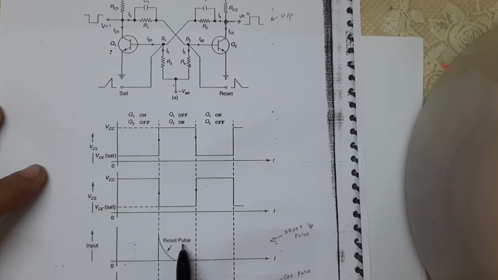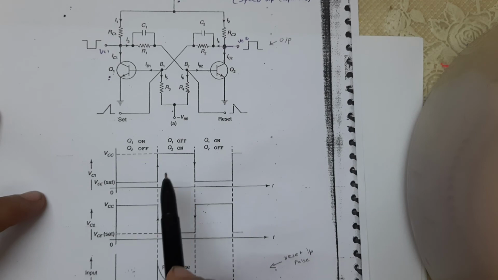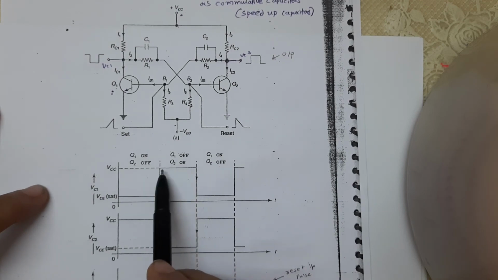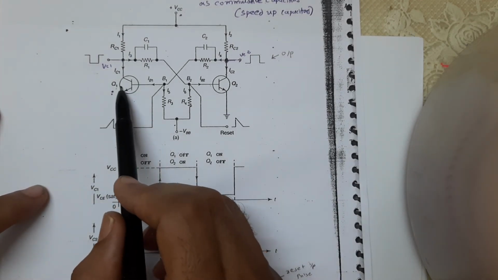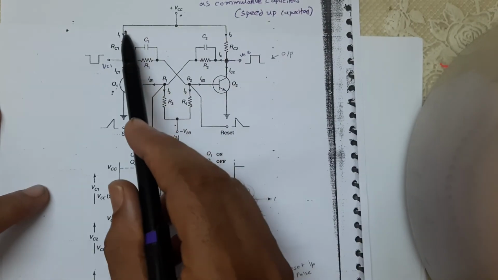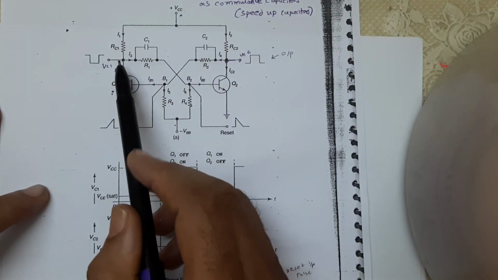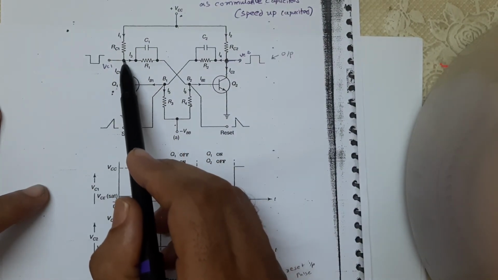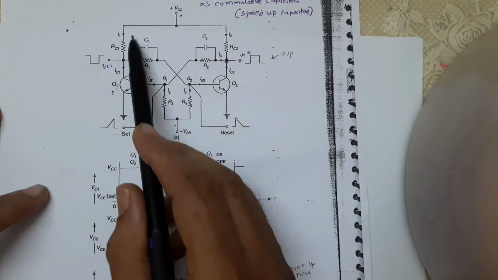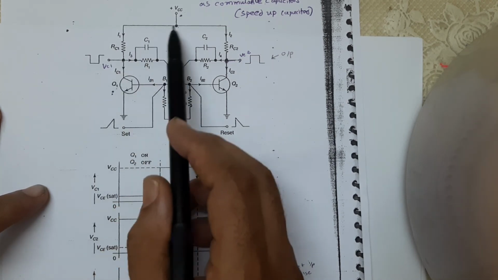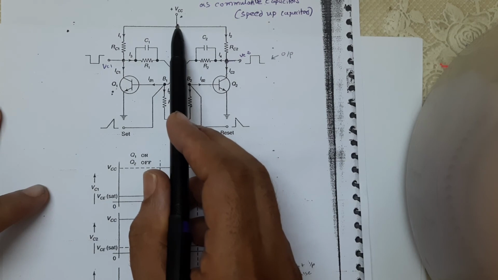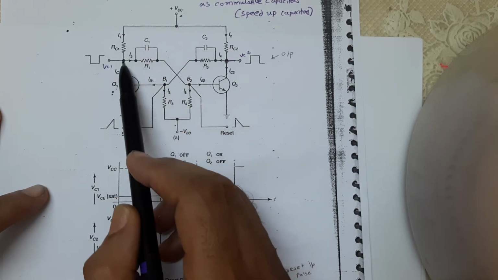When Q1 is off, Vc1 is maximum, because if Q1 is off, the Vcc is not passing through this. So all the Vcc is here. What is the value of Vcc? Vc1 is equal to the maximum applied voltage, that means Vcc.